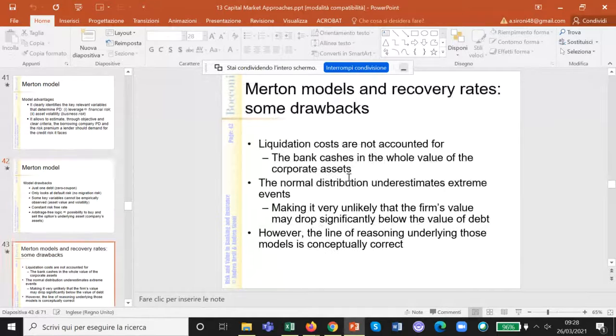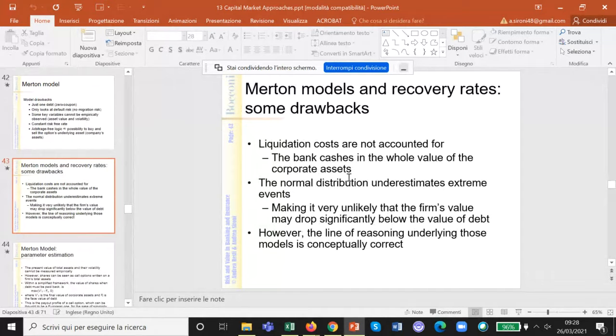Okay. Other problems are related to the assumptions on recovery rates and the normal distribution of the asset value returns. Okay.